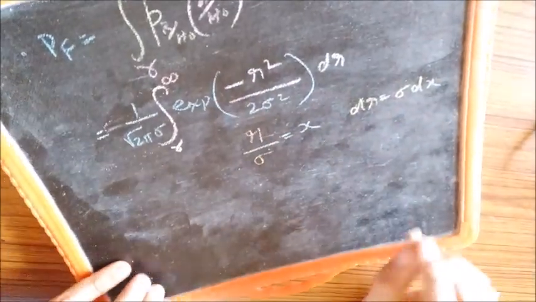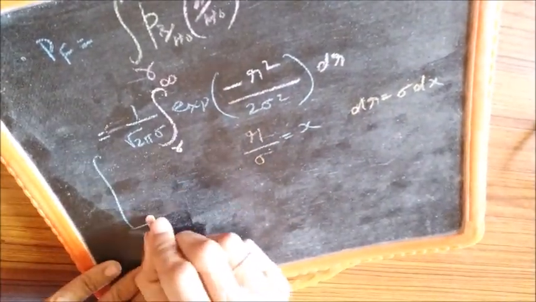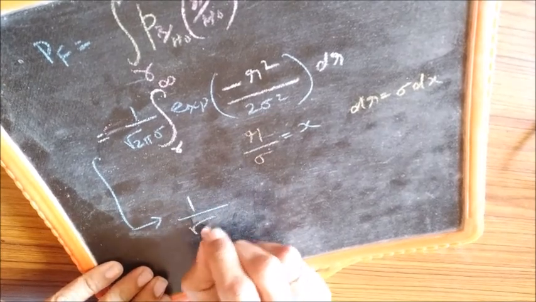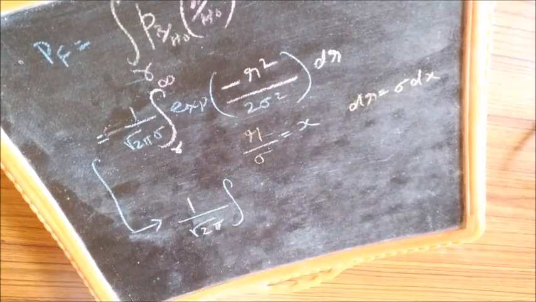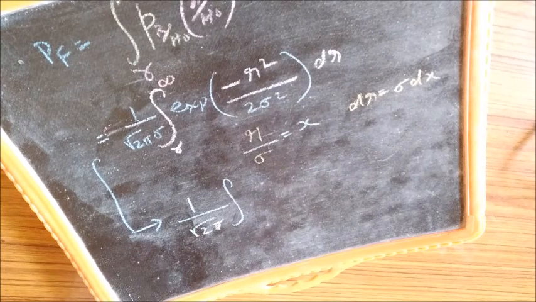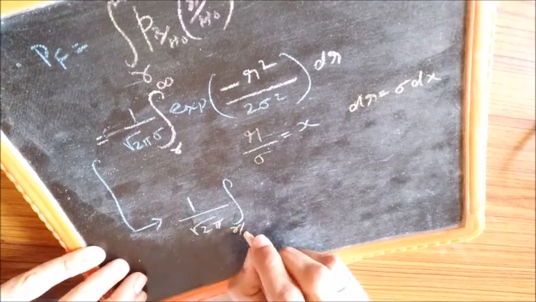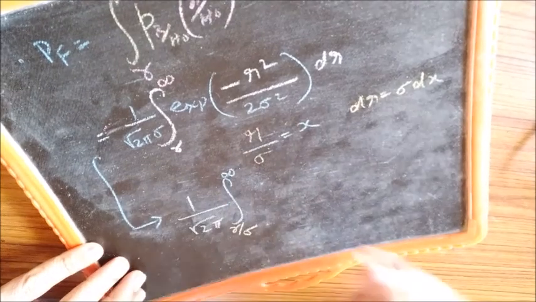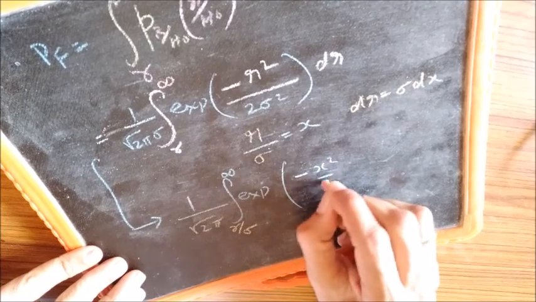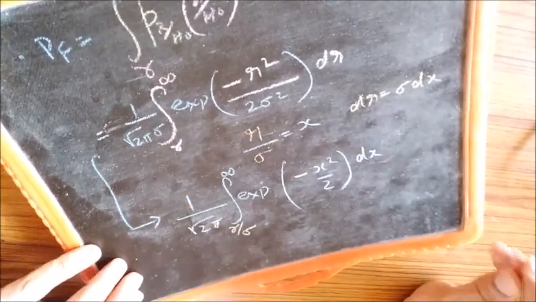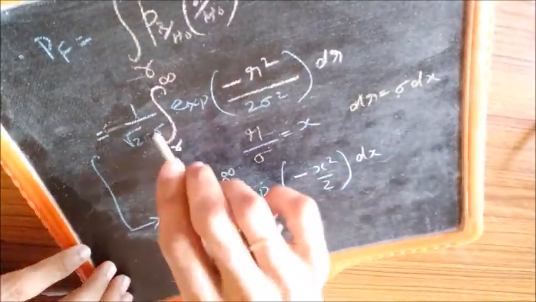You put these substitutions here and this will turn out to be 1 by root of 2 pi times the integral from gamma by sigma to infinity of e raised to minus x square by 2 dx, since r by sigma is equal to x and the variable of integration has changed to x. The sigma from dx and the sigma in the denominator cancel.